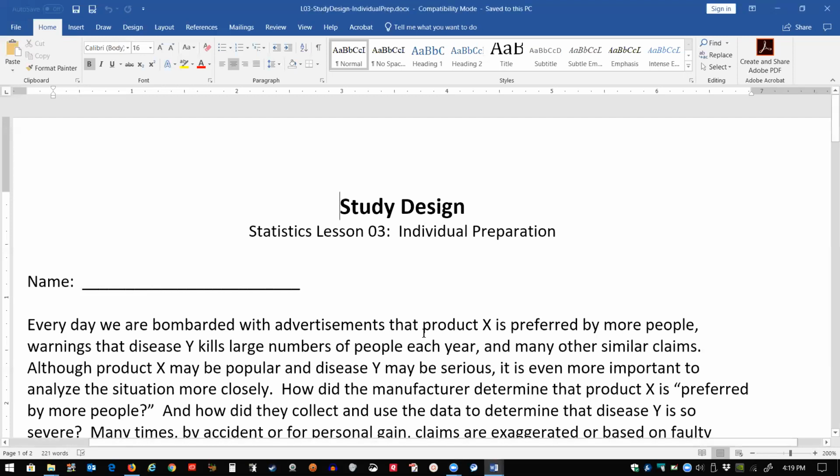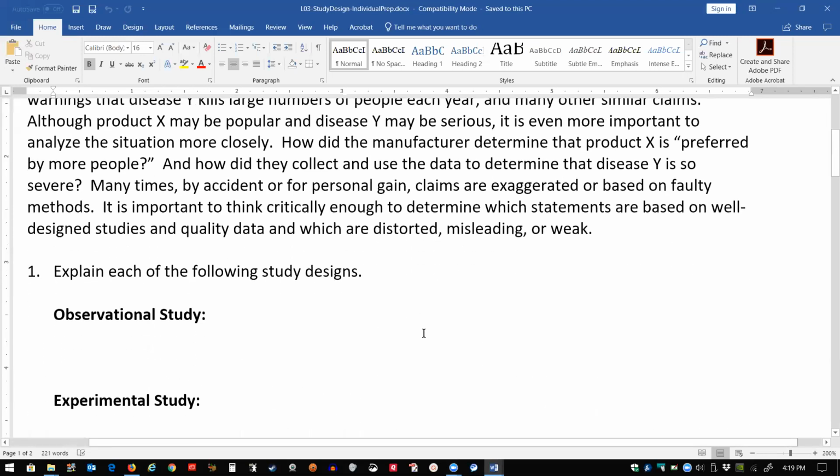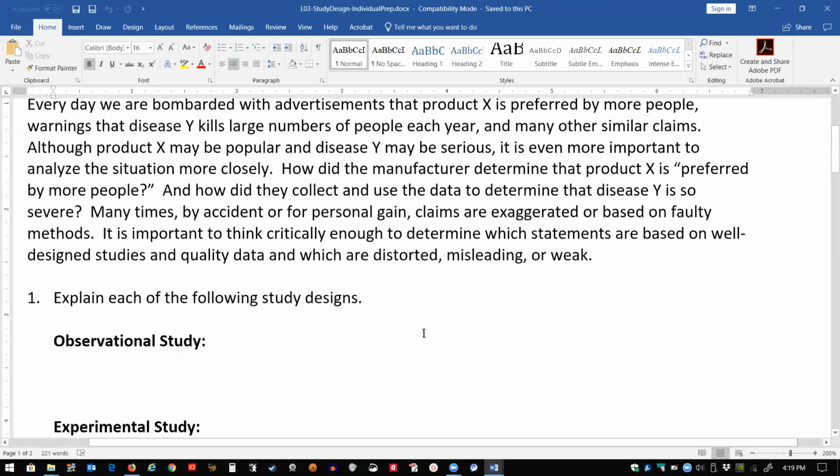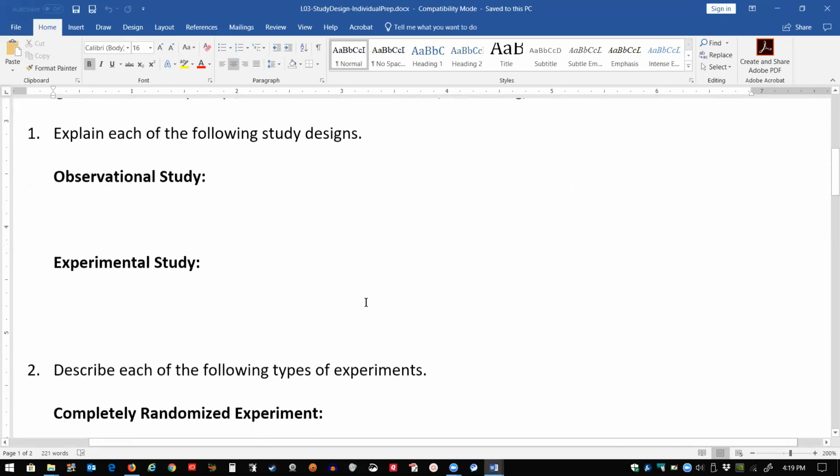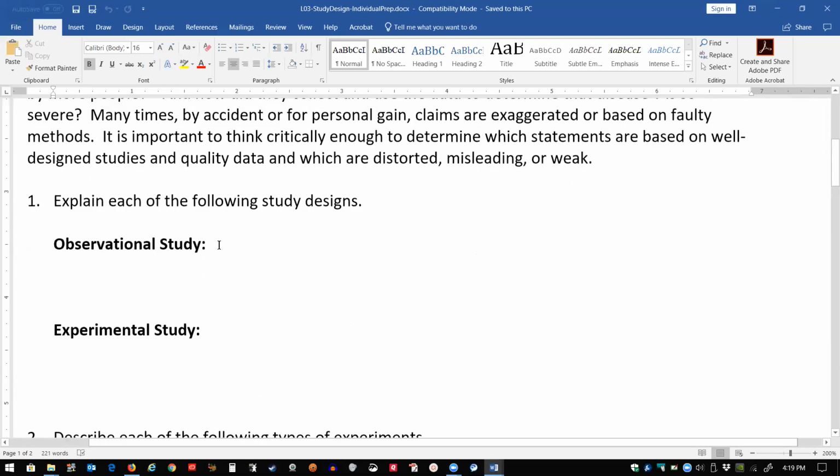Okay, so we want to start talking about the difference between what's called an observational study and an experimental study. So these have a very important difference in them.